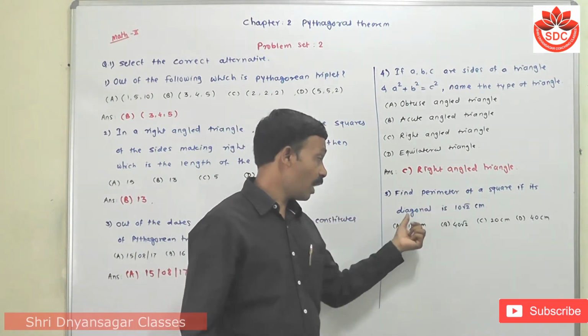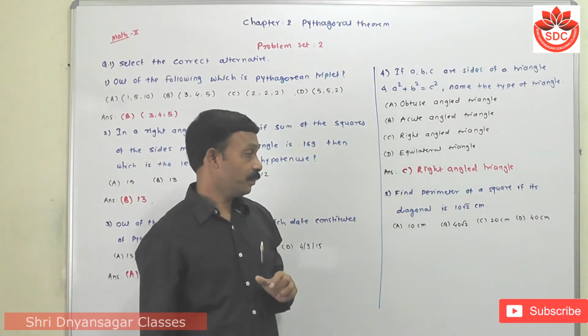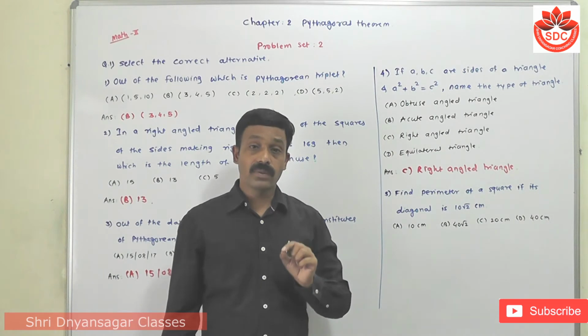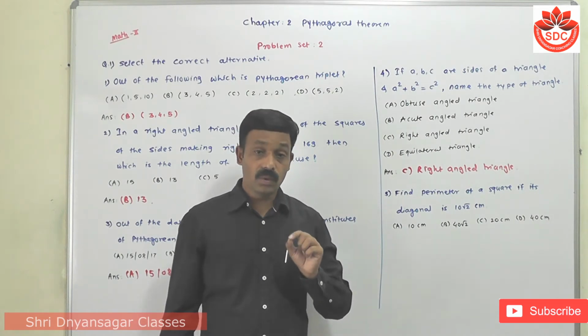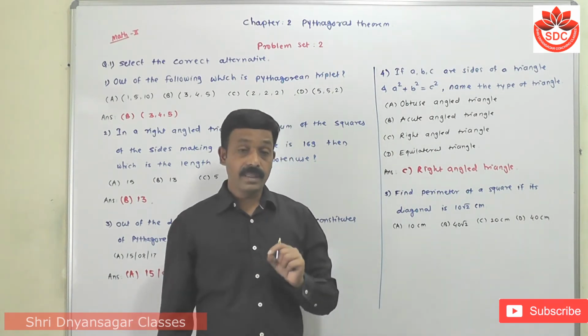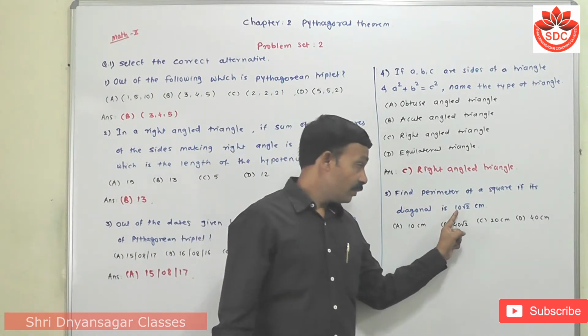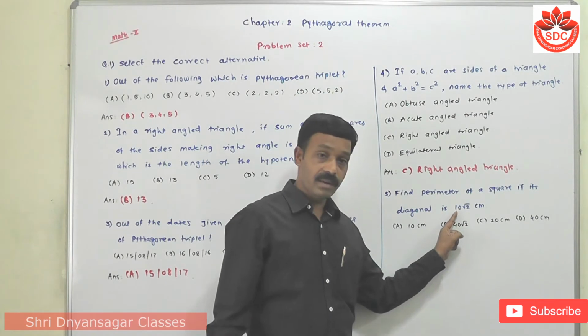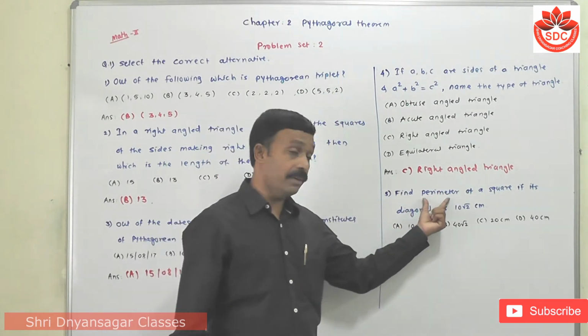The diagonal of the square is given as 10 root 2. All of you know the property: the diagonal of a square is root 2 times its side. So if the diagonal is 10 root 2, the side of the square is 10. Then we have to find its perimeter.